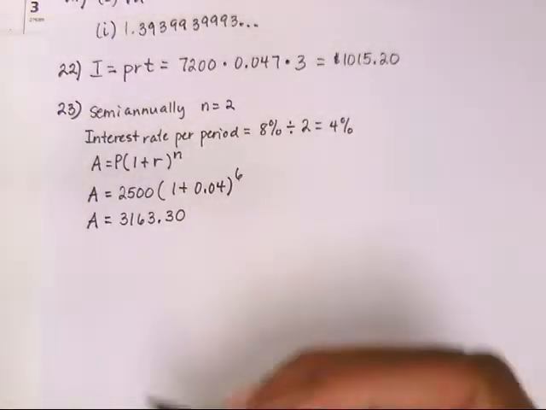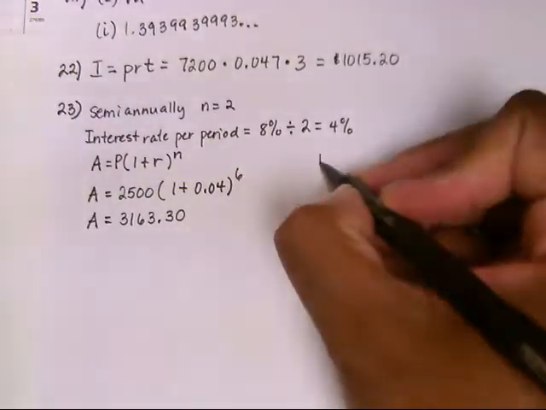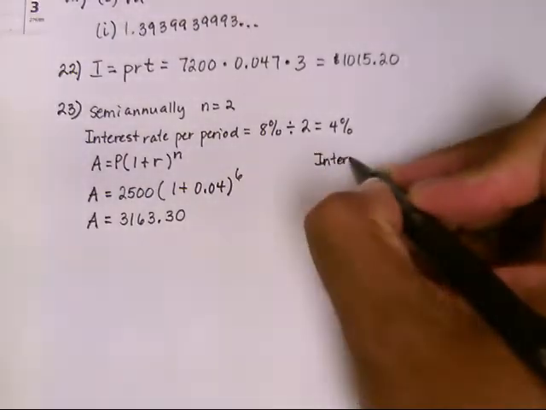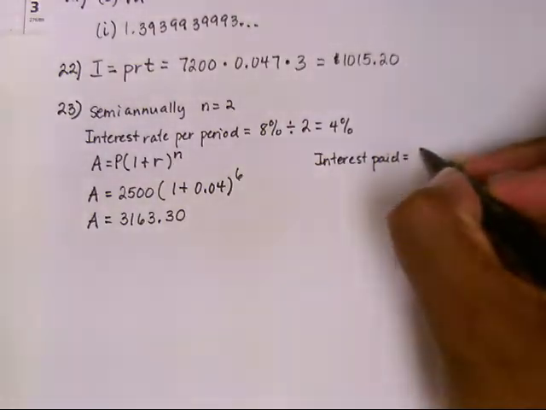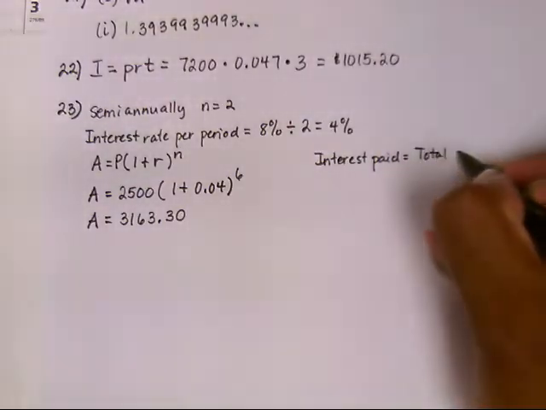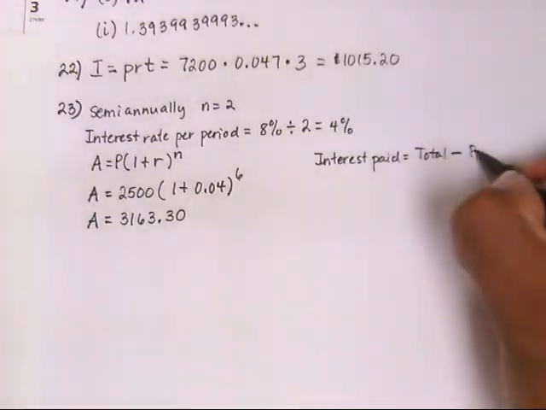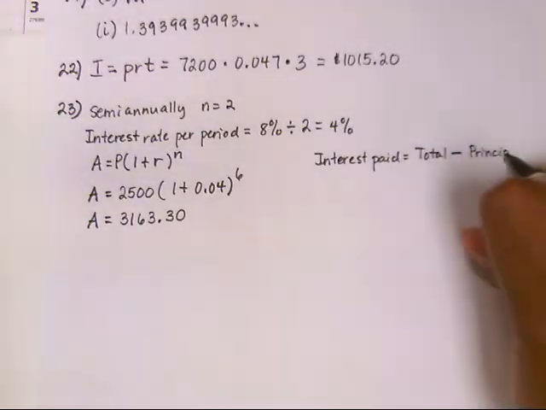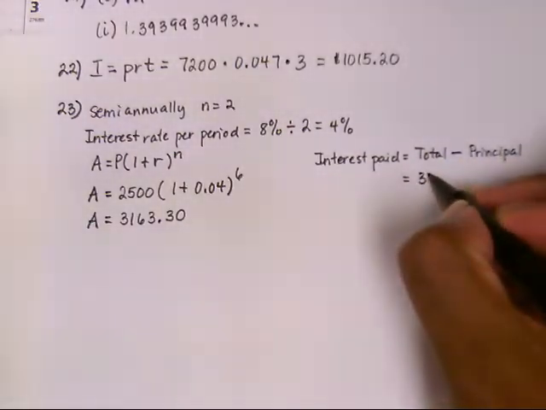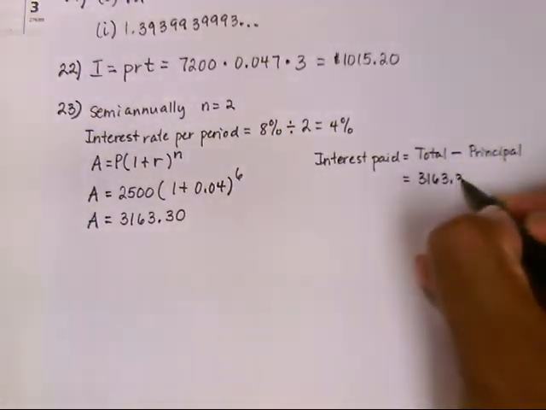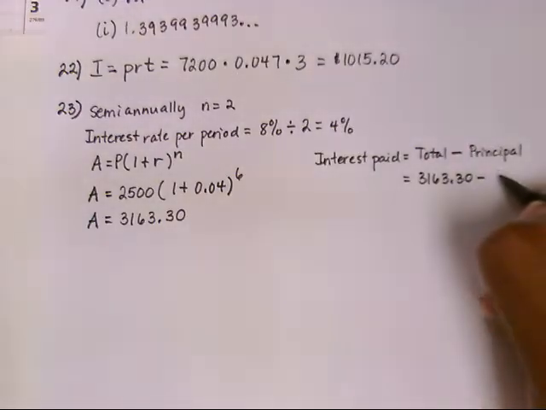So here the interest paid is the total minus the principal. So that total that we got there was $3,163.30 minus the principal, which was $2,500.